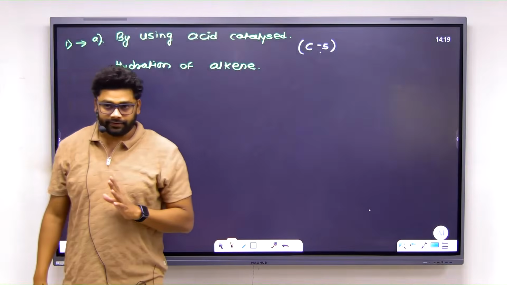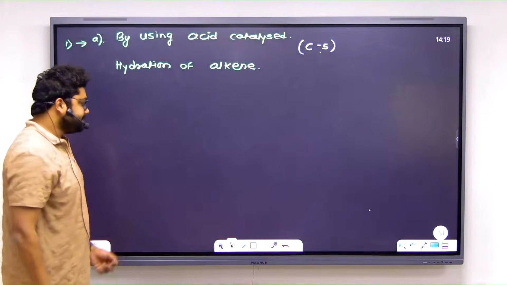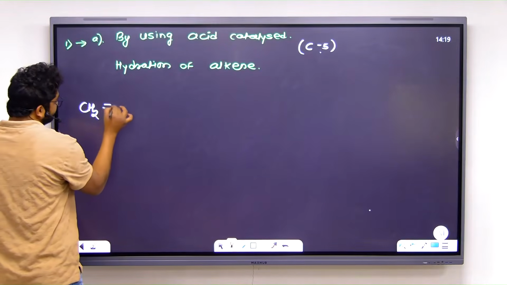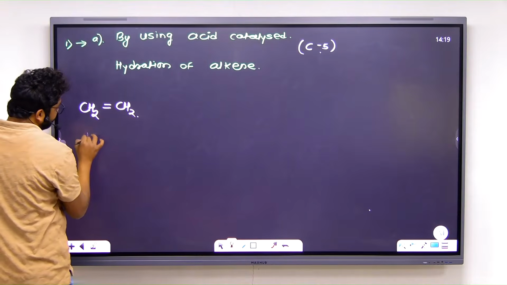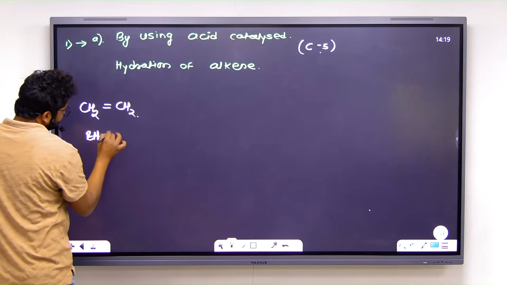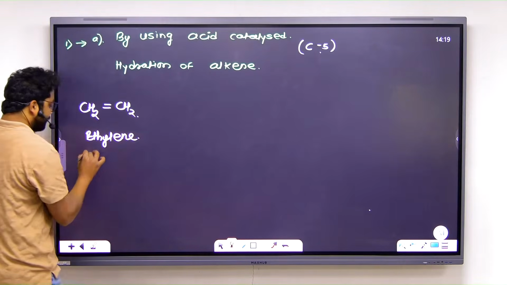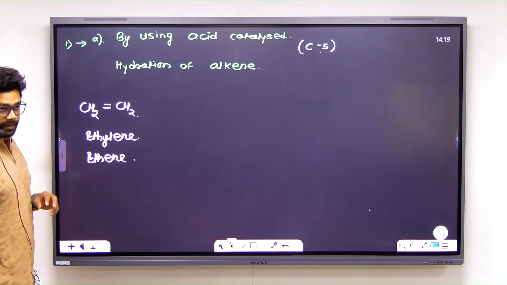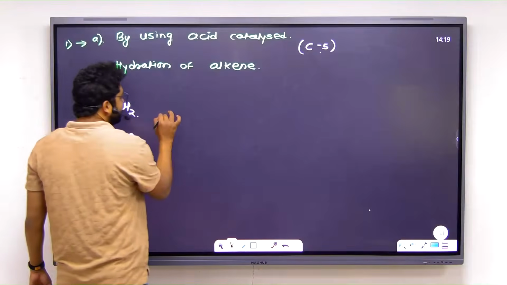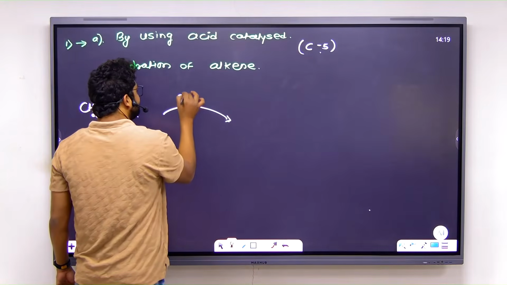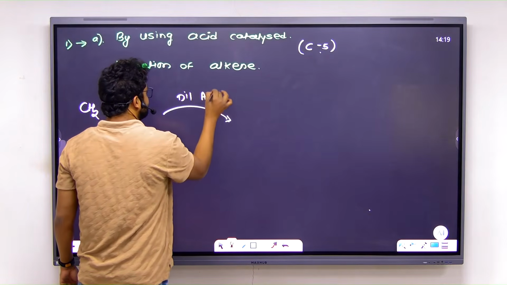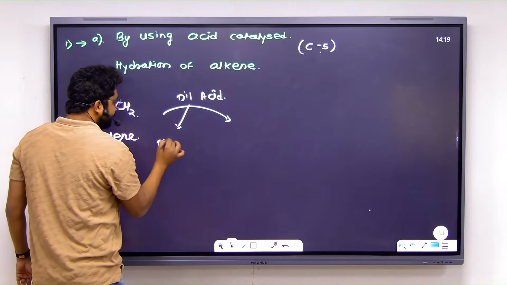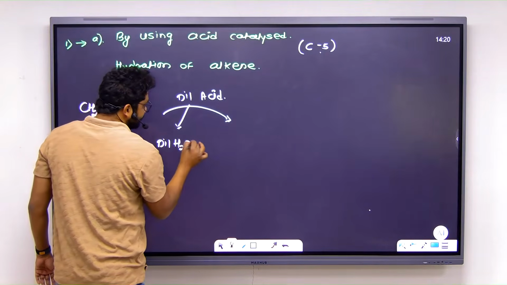5 cases of hydration. First of all, let us try to understand the reaction where you have ethylene. The common name of this is ethylene, carbon-carbon double bond, and the IUPAC name is ethene, right? When any unsaturated hydrocarbon is treated with a dilute acid. What do you mean by dilute acid? You can put here dilute sulfuric acid, right?